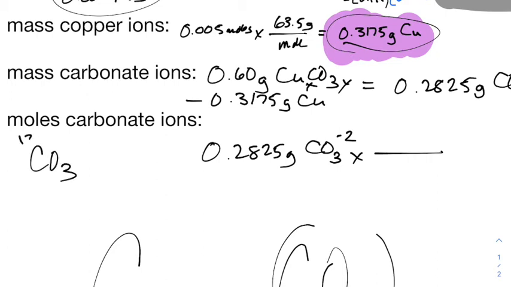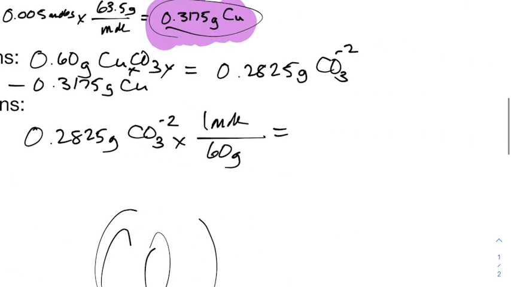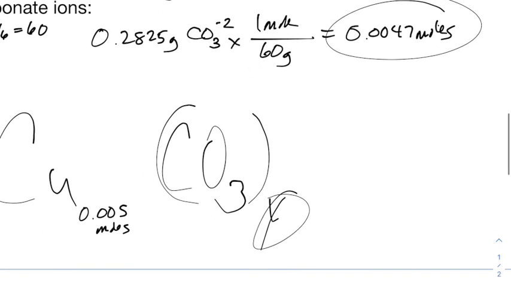If you go to the periodic table and add those up, you get 12, 16, 16, and 16, so that's 60. So again, 12 for the carbon and 3 oxygens, each at 16. So this is going to be 1 mole per 60 grams. And if you do the math on that, that turns out to be 0.0047 moles or so.